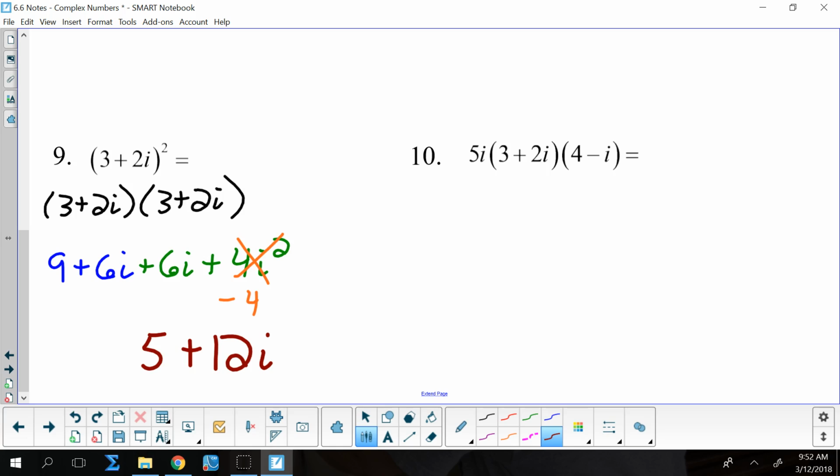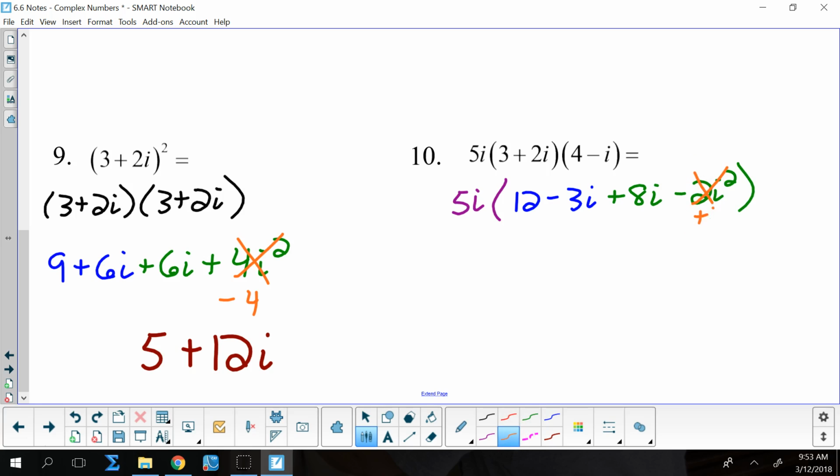On number 10, you could first distribute the 5i into one of the two parentheses, or you could leave it and then do your multiplication or distribution afterwards. 12 minus 3i plus 8i minus 2i squared.